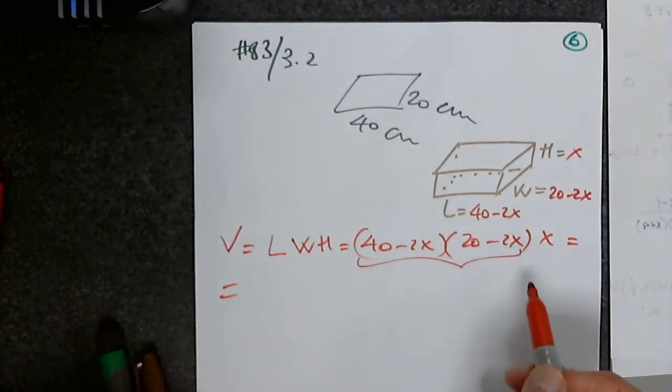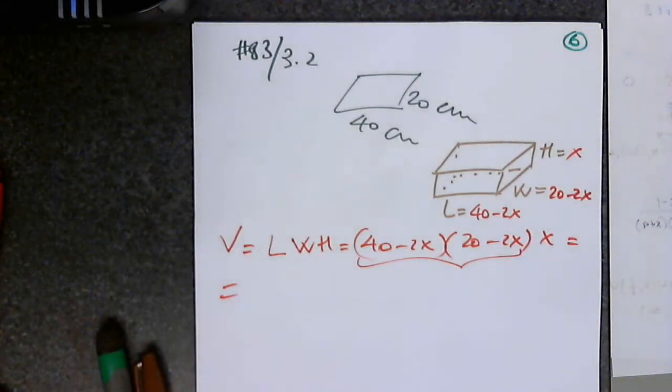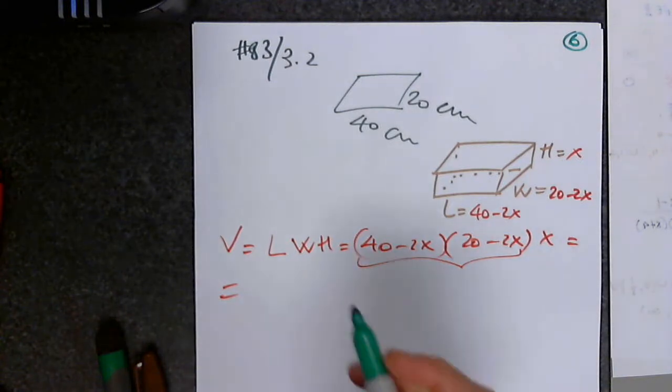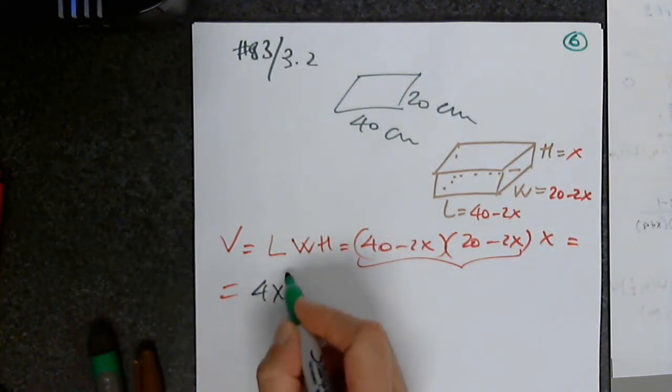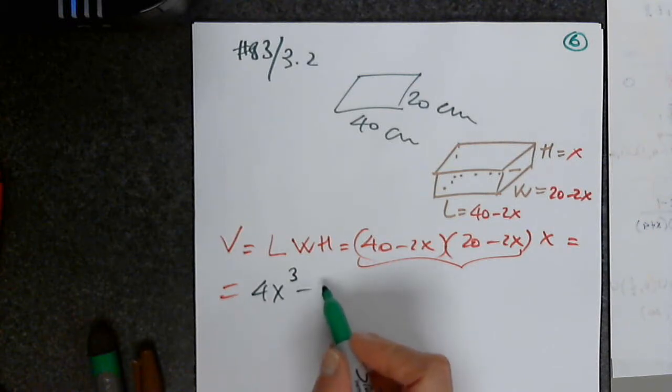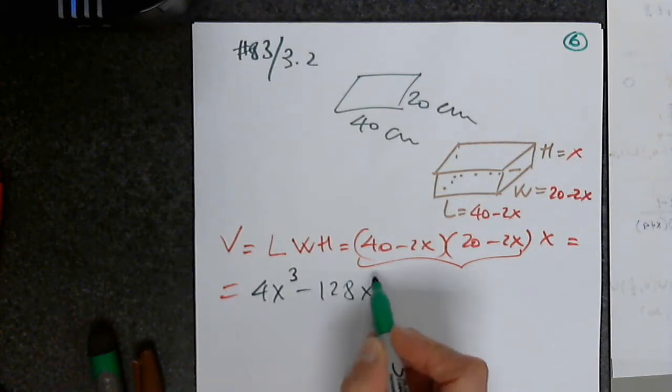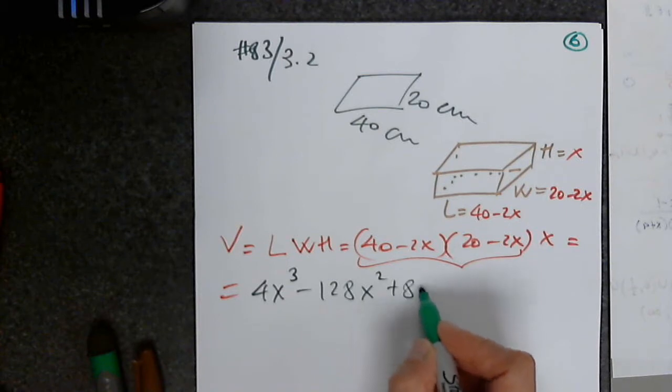Of course, I'll multiply these and then multiply by x. So what do I get? Give me the function, please. 4x cubed, multiplied by x and everything? Yes, 4x cubed, it is positive. Very good. Minus 120x squared plus 800x.